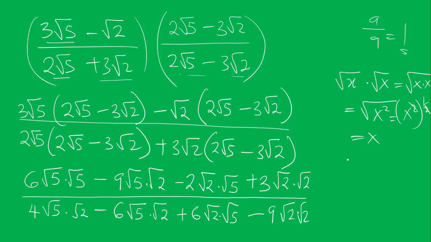Meaning that square root of x times square root of x is equal to x. So the square root of the same number times itself is equal to x. Now, if you also have square root of x times square root of y, it is equal to the square root of x times y.